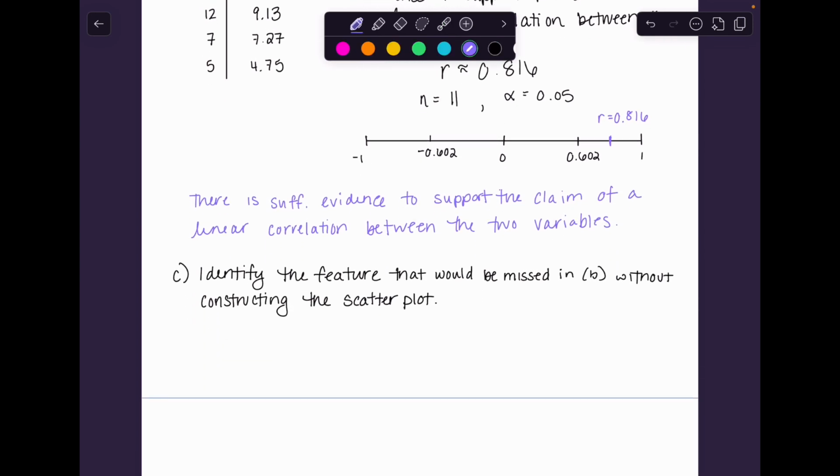The scatter plot reveals a distinct pattern that is not a straight line. So although it's important to find these values of R and do this hypothesis testing, we would miss a lot of information without that scatter plot. So you always want to utilize that to your advantage.